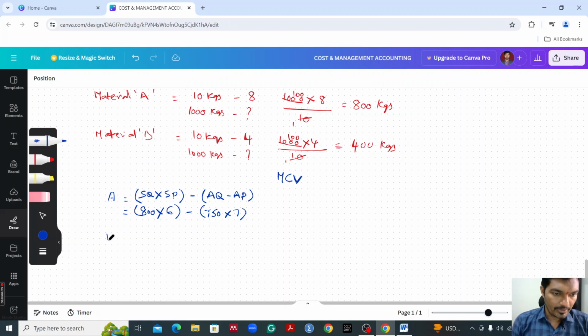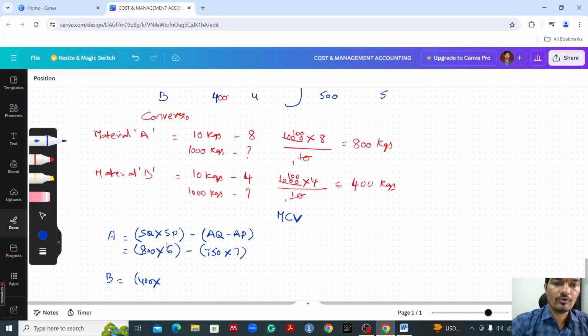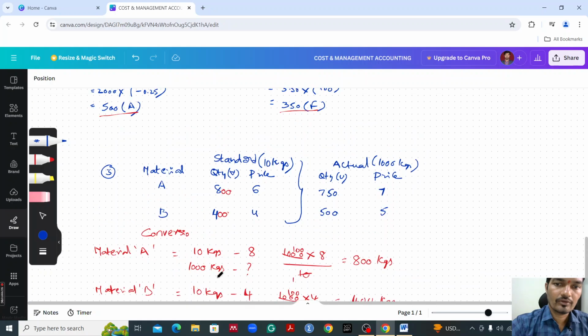Similarly for material B also we need to use this formula. You know that 400 into 4 minus the actual quantity for material B, 500 into 5.